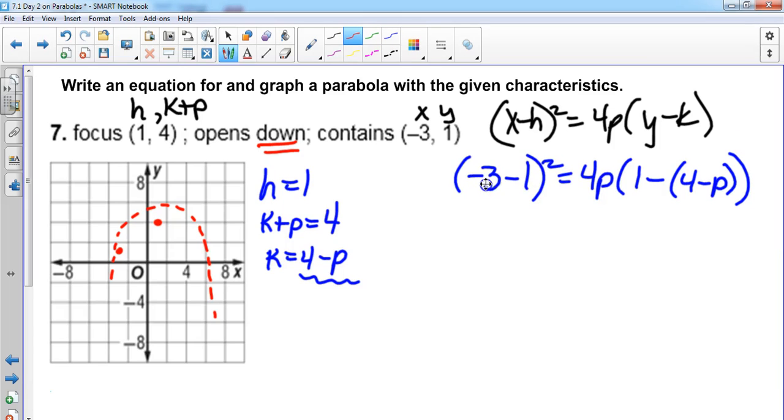We can skip a couple. Negative 3 minus 1 is negative 4 squared is 16, divided by 4 is 4. Yep, we're going to divide by that 4 eventually. We could have just done it right there. We can. But what happens when we distribute in here? 1 minus 4 is negative 3, and minus that negative P becomes plus, right?